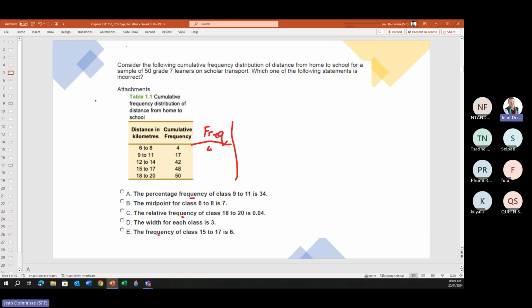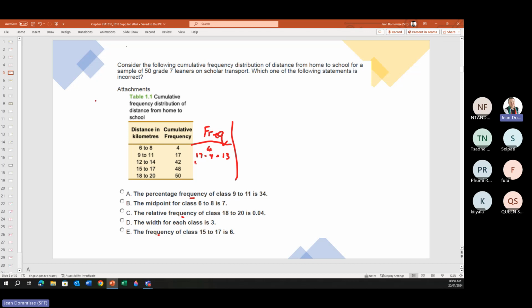So your frequency for the first one would be exactly the same. But then 9 to 11, cumulative frequency is 17. So to get your frequency, you take the 17 and minus the previous one, which is 4. So that would be 13.